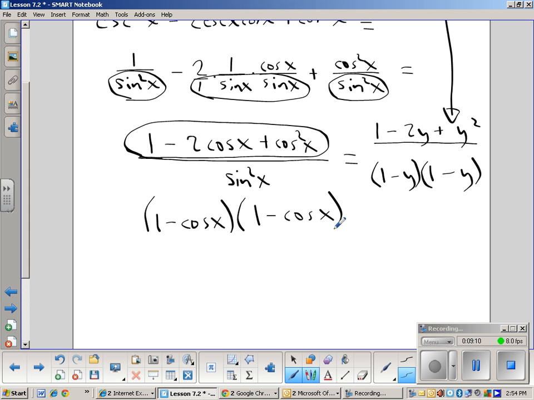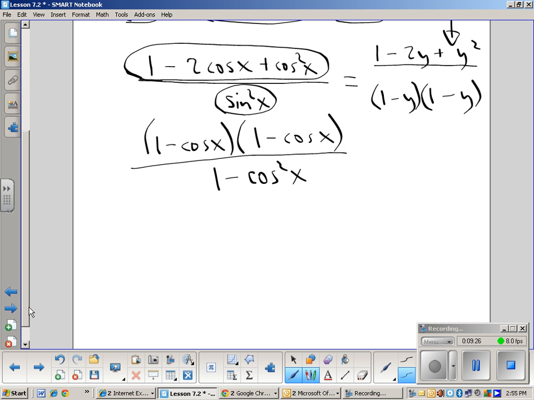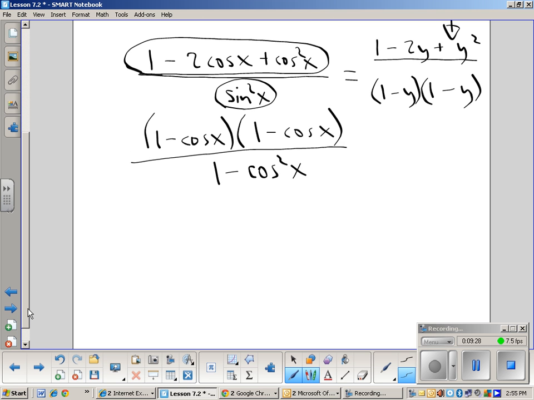Okay? And now, I know it's going to get worse before it gets better. But sine squared is the same, remember, as 1 minus cosine squared x. And again, that's a Pythagorean identity. We subtract cosine squared x from both sides, we get sine squared all by itself equal to 1 minus cosine squared. And this 1 minus cosine squared is the same as like having 1 minus y squared, which is the same as 1 minus y and 1 plus y.